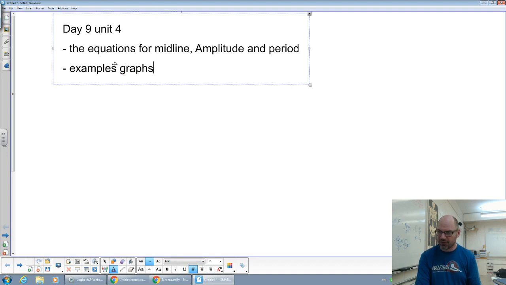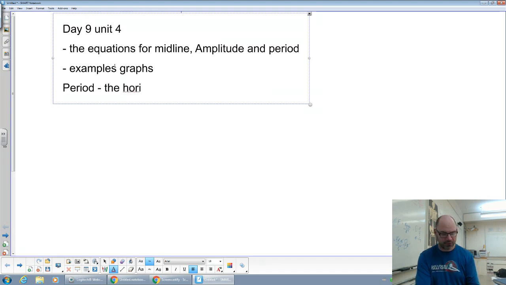Okay, so the first thing is, let's start off with the period. Okay, and this is the horizontal, we did this yesterday, distance between 2 consecutive maxes or 2 consecutive mins. Okay, that's another way to look at it.